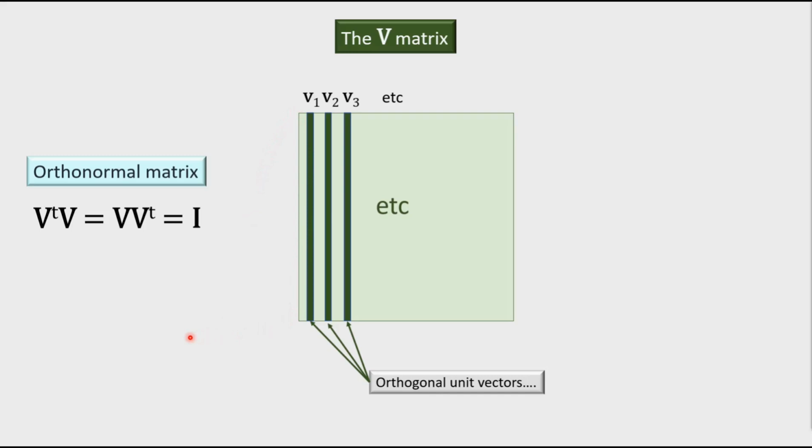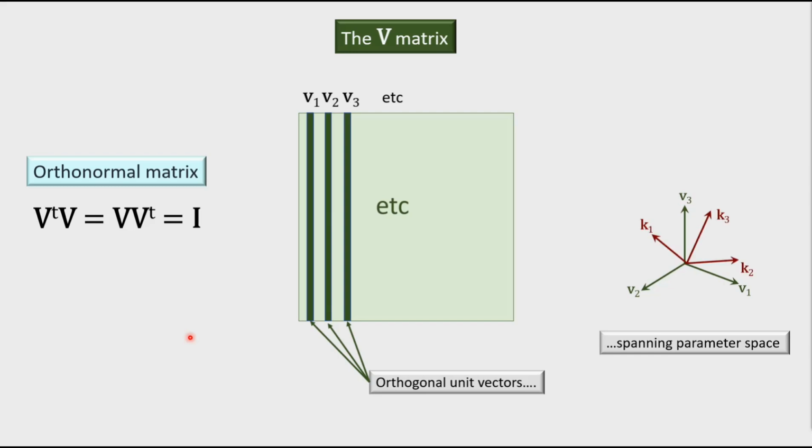Because they're unit vectors, and because they're orthogonal to each other, they can be considered to comprise a new coordinate system spanning parameter space. Under certain circumstances, it's easier to use this coordinate system than the original coordinate system comprised of unit vectors pointing in the direction of the elements of the k vector.